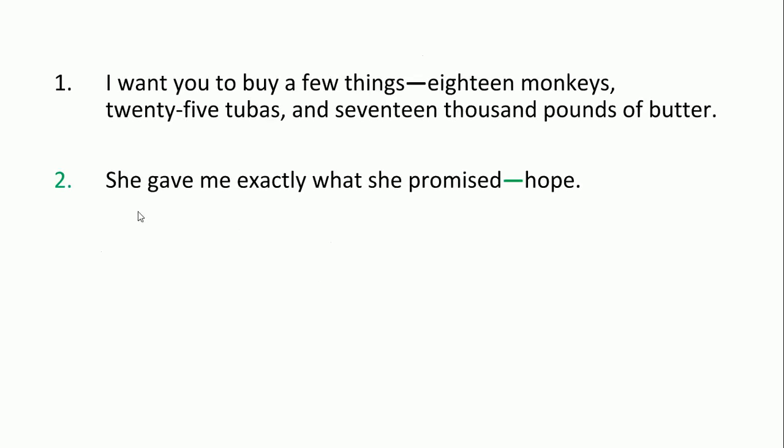For example, she gave me exactly what she promised, hope. Now, this is an independent clause, and this is just a word, but that doesn't matter. This could be dependent or independent or whatever. The important thing is that the second part of this sentence elaborates on the first. She gave me exactly what she promised. You're wondering, what is that? Hope. It elaborates.